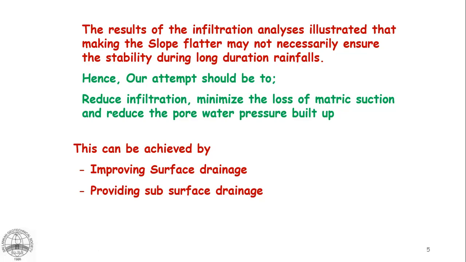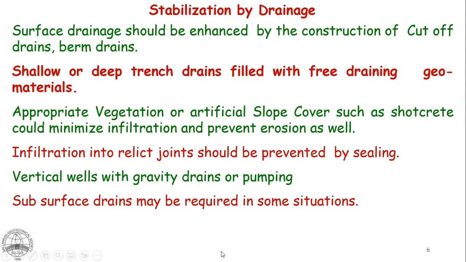We can't prevent rainfall, so we have to find out what to do to minimize infiltration, minimize the loss of matric suction, and reduce the pore pressure building up. This can be achieved to a certain extent by improving the surface drainage. Sometimes that may not be adequate. We have to improve the subsurface drainage as well.